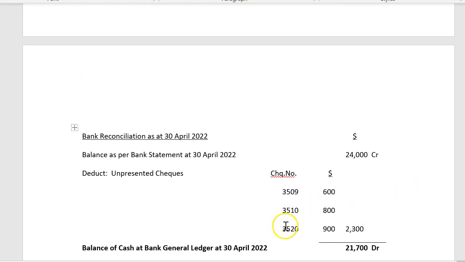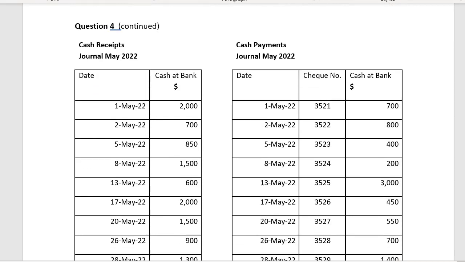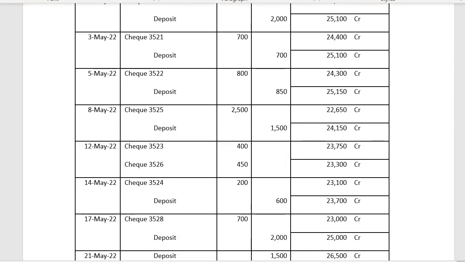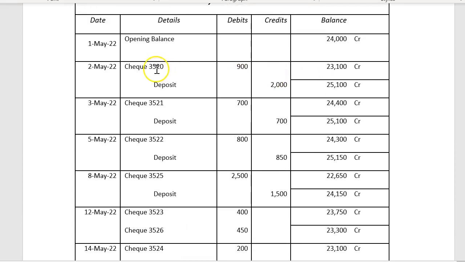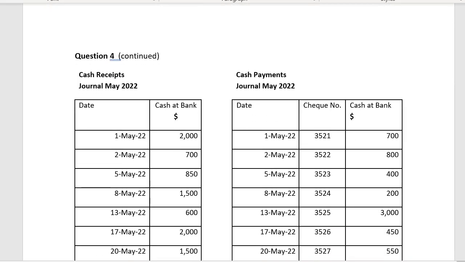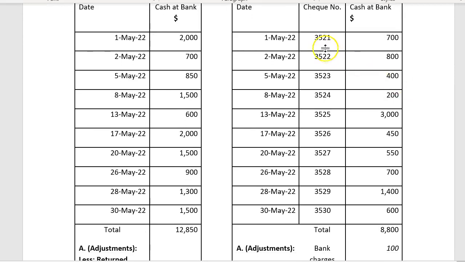What about 3520? Is it recorded by the bank? Yep, it's there. It's recorded by the bank, so you can tick that. Now let's move on to our cash payments and check if these checks are recorded by the bank.